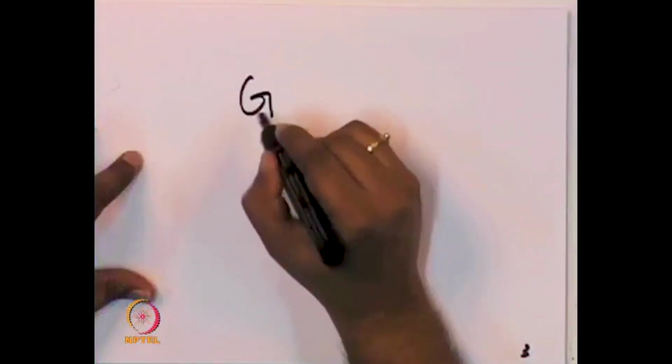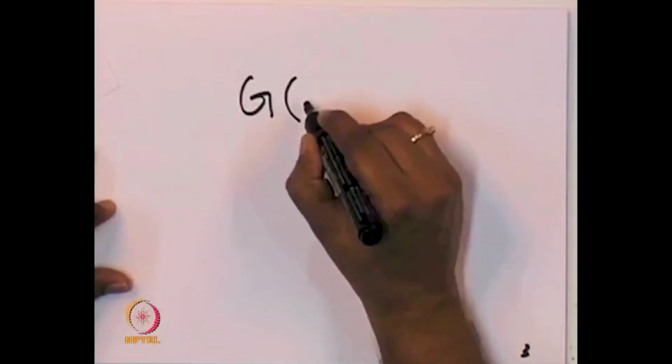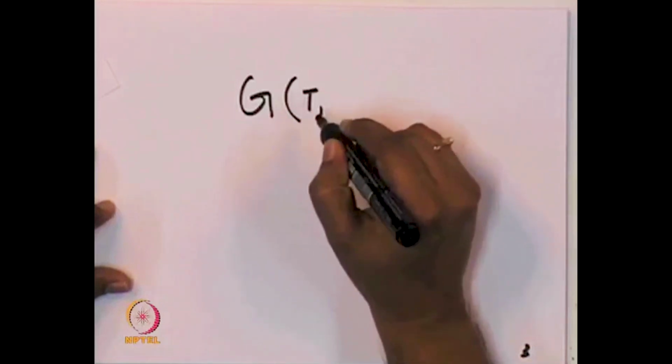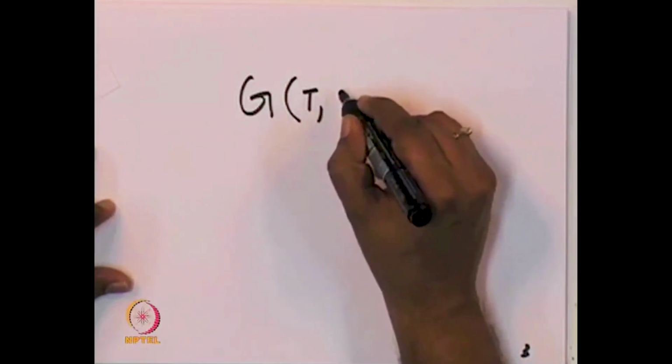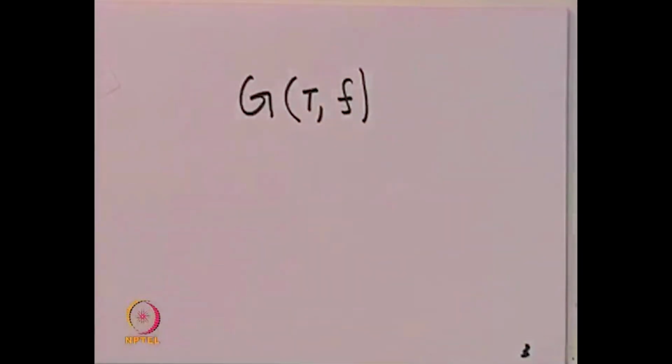There is a quantity called Gibbs free energy, which is often denoted by G. This Gibbs free energy is a function of temperature and it is a function of the force or the pressure. So, here is the force. You can measure the Gibbs free energy, and the value of the Gibbs free energy depends on what the temperature of the system is and what force you apply.